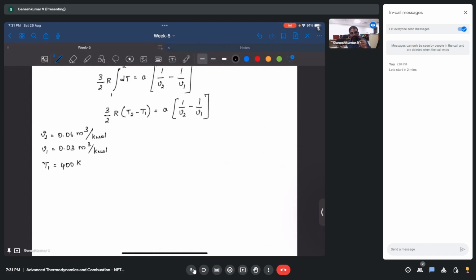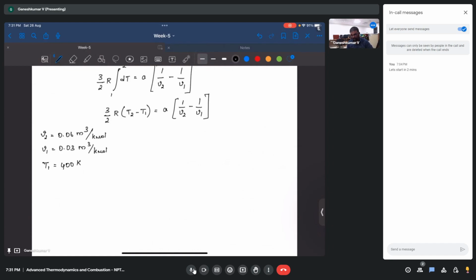We used 1 kilomole of argon, right? So 1 kilomole of argon is in the entire container. The specific volume of that gas is going to be the total volume of the container divided by the total number of moles of argon present inside.